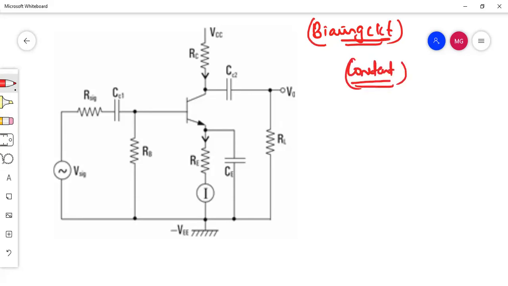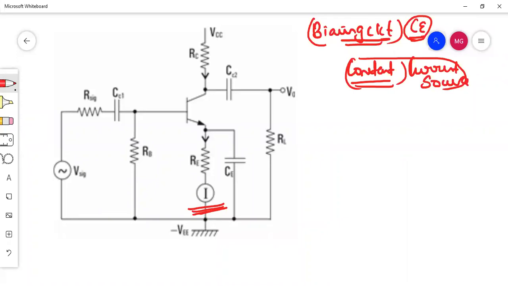So this is a biasing circuit with a constant current source. Please study the circuit. This is a biasing circuit with common emitter configuration with a constant current source. Here we can see a constant current source.